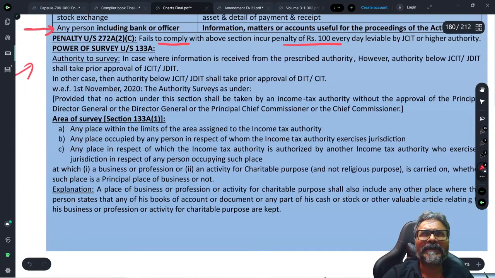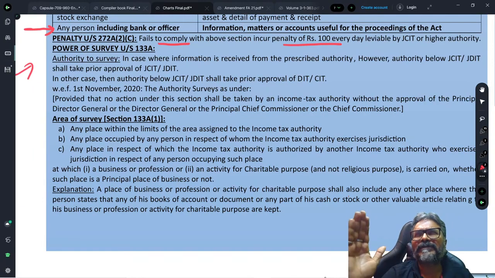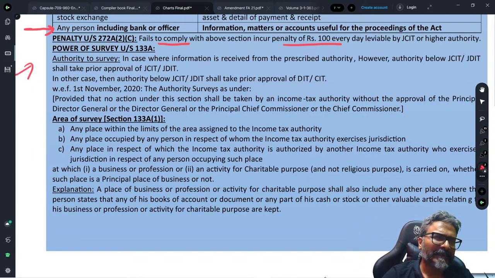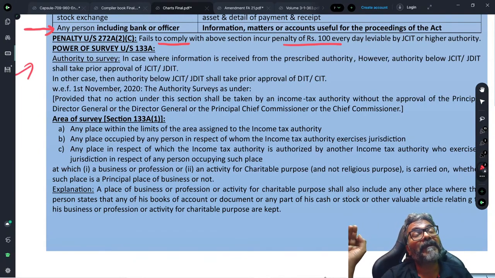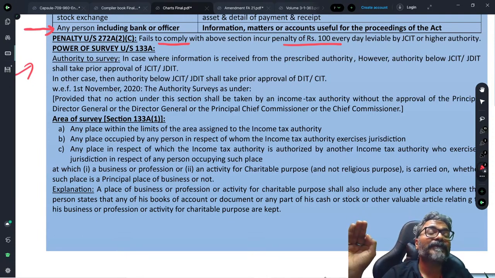Now, as far as survey is concerned, the survey, students, is generally in the place of business. Whereas if you talk about search, the ultimate power available to the Income Tax Authority, that particular power of search, is not only restricted to the place of business, but it is also extended to what, students?